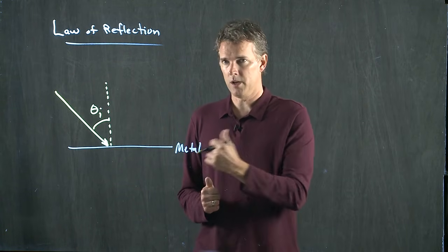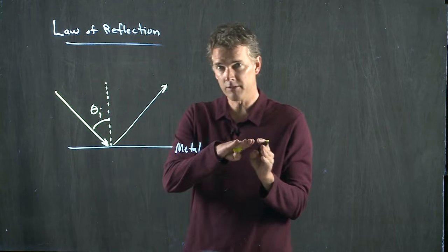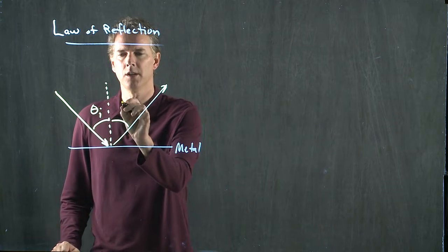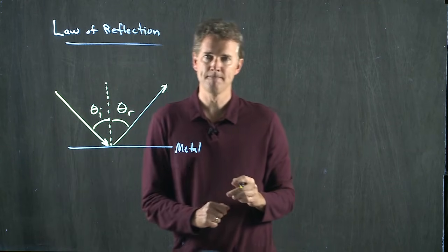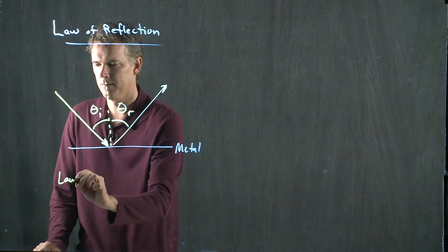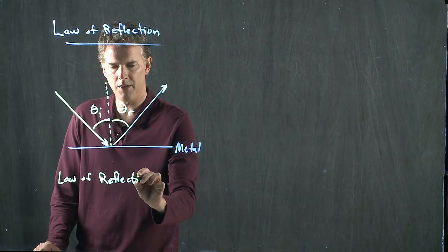Now, going out the other side, we of course have a reflection. And if this is a nice flat metal surface, then that reflection is at theta r, and the law of reflection says the following. Theta I is equal to theta r.